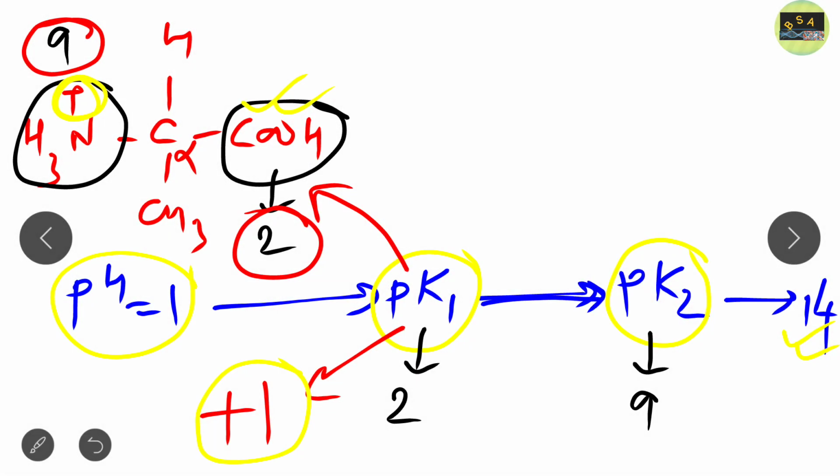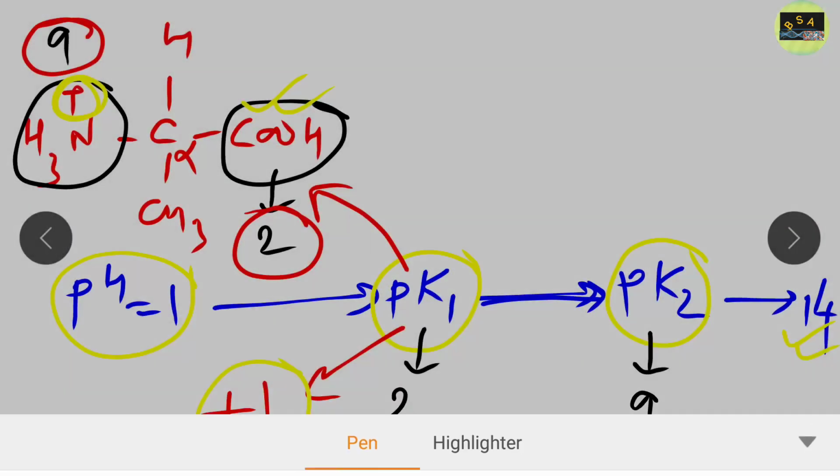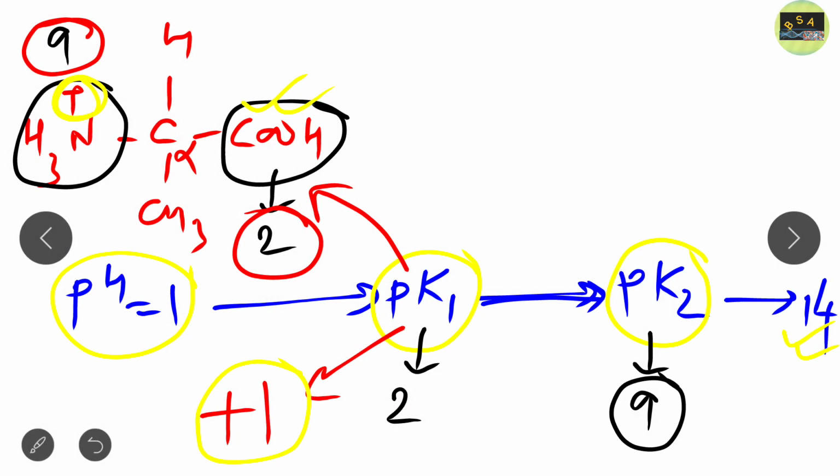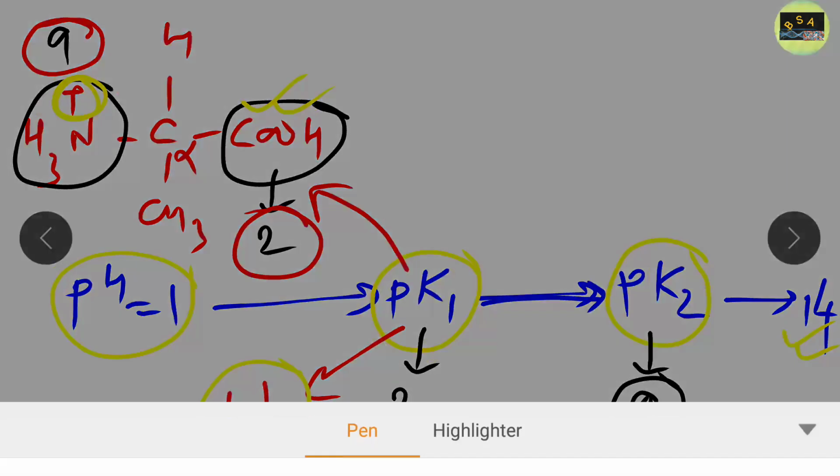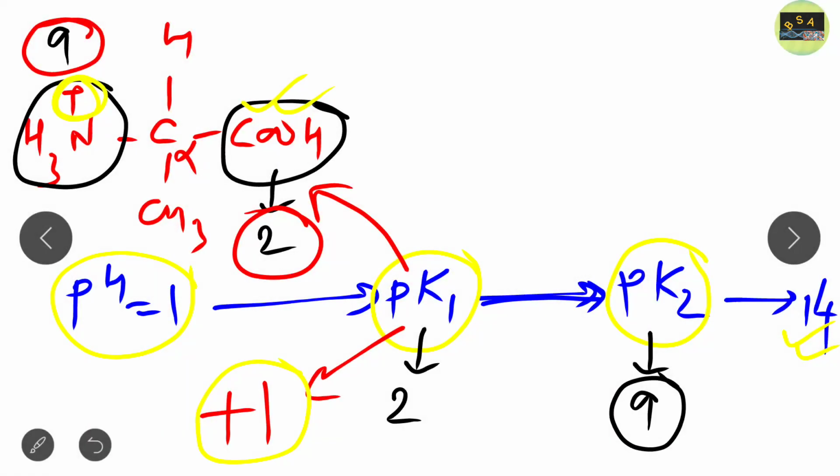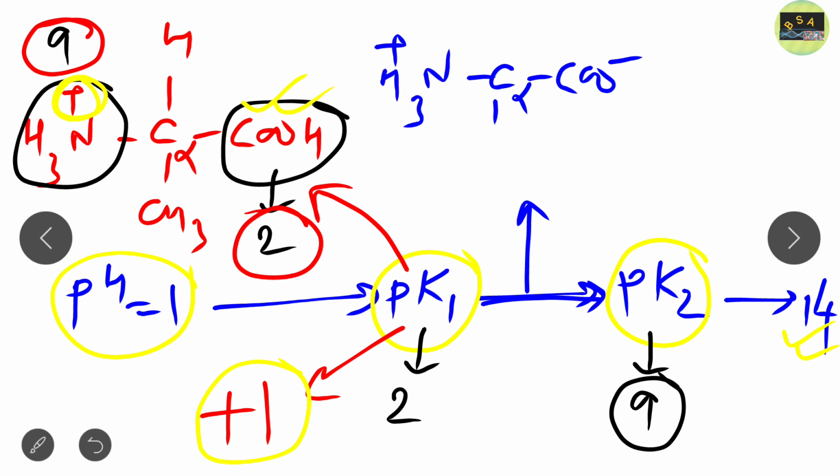Now when we move from pK1 to pK2, what happened? The pK2 value is 9. So this COOH becomes COO minus, because we move above 2, that is 9. So this structure becomes like this: C alpha, COO minus, NH3 plus, this is the R group and this is the hydrogen.